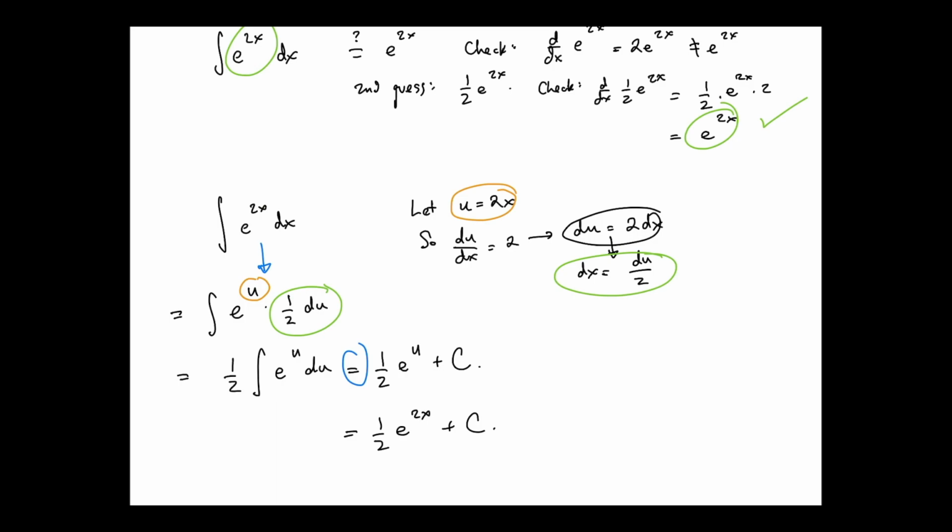You know that you've messed up and chosen a bad u if when you get to that step, there's still x's there that you can't get rid of. Okay, because that was the whole point of this substitution, was to get rid of x, or 2x, right? And so if there's still x's there, then you probably have messed up. Okay, and I say probably because there is, of course, one interesting other example. Okay, so got it?